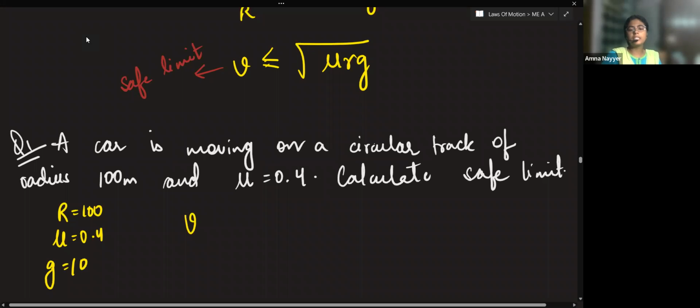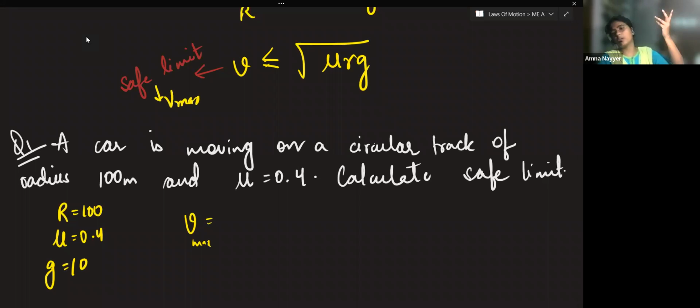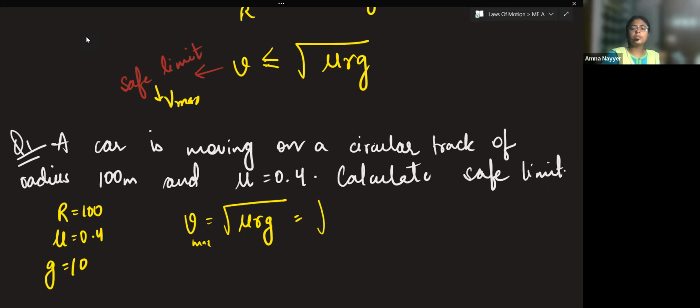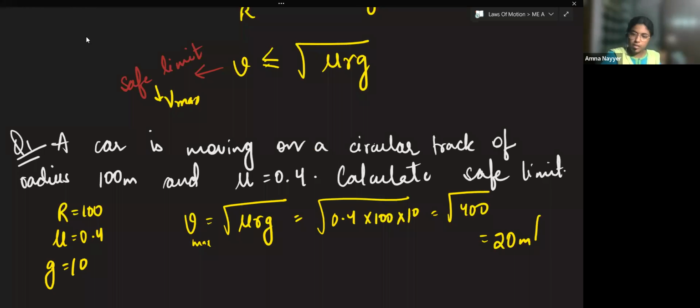Here you will put V max because you're calculating the safe limit, and the safe limit is the maximum velocity, which is under root mu r g. Under root of 0.4 times 100 times 10 becomes under root 400, which gives you 20 meter per second.